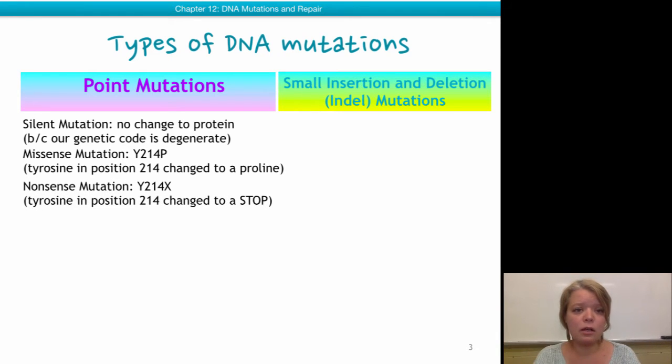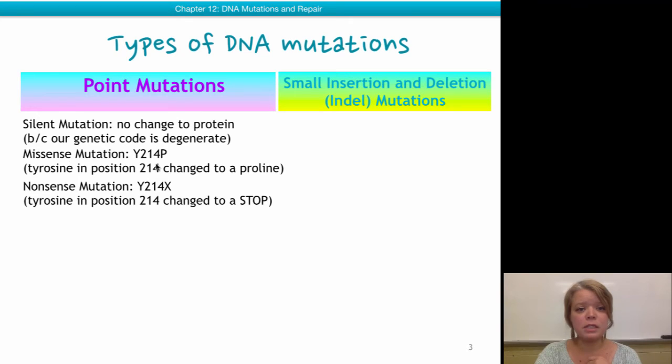Finally, another typical point mutation is nonsense mutations, mutations that will result in a stop instead of another amino acid. That truncates the protein at that amino acid location, and the nonsense mutation is denoted as an X, stop.